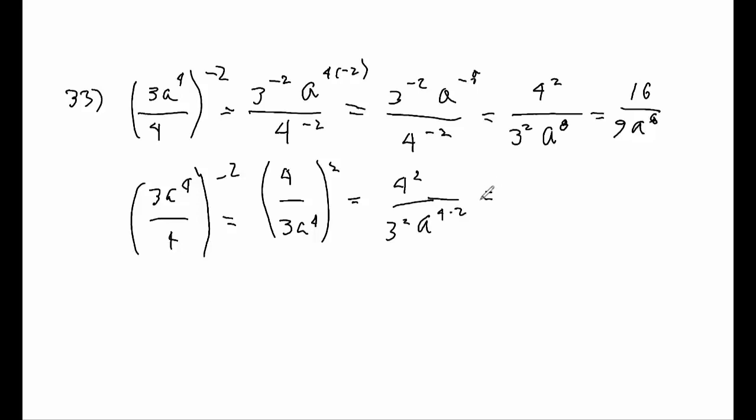And again, I'll get on the top 16, and this will be 9, and this will be a to the 8th. So either way, whether I do it by bringing the exponent inside the bracket or by flipping the quotient over, will give me the same answer.